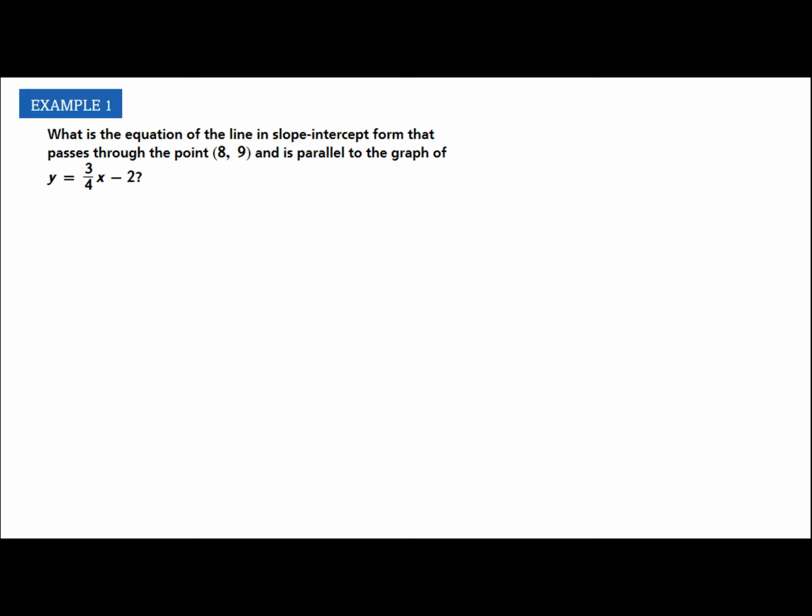All right, so what is the equation of the line in slope-intercept form that passes through the point 8, 9 and is parallel to the graph of y equals 3/4 x minus 2? So the key here is that we know we have a parallel line, and the thing that we need to know about parallel lines is they have the same slope.